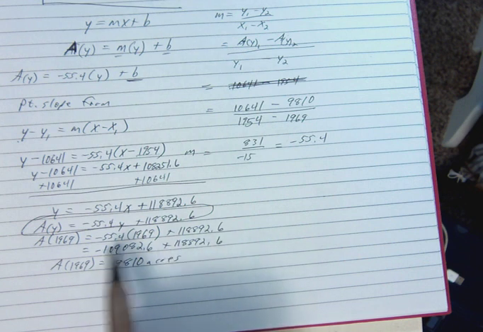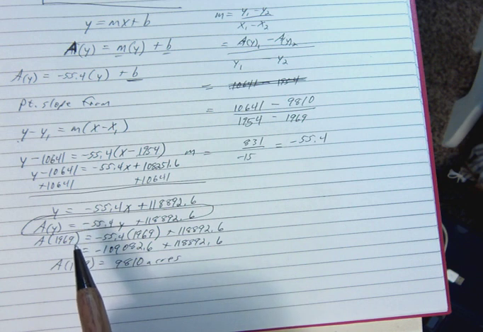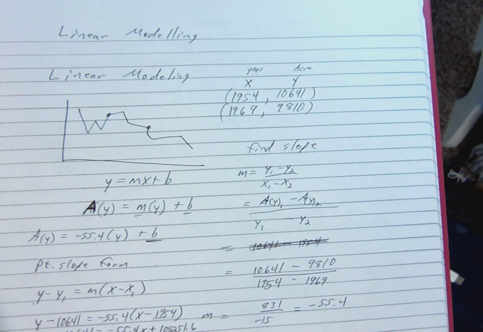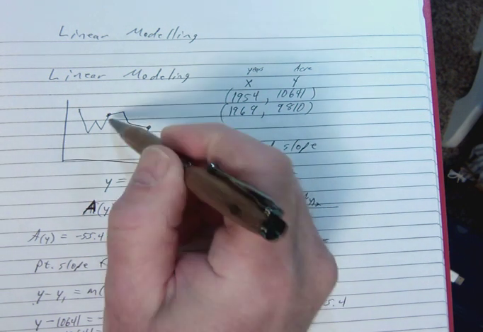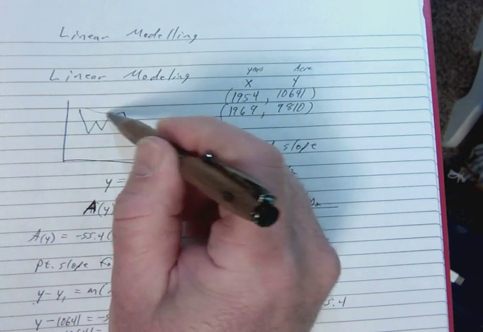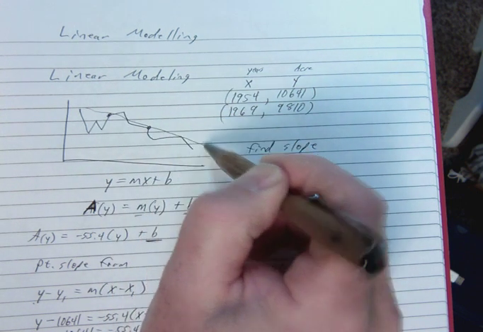Again, if you plug in other years and compare with the data, they may or may not work out, because remember, your data is bouncing around a little bit. So if you happen to choose a point, say you choose this year, well, this line is going to be going through right here.